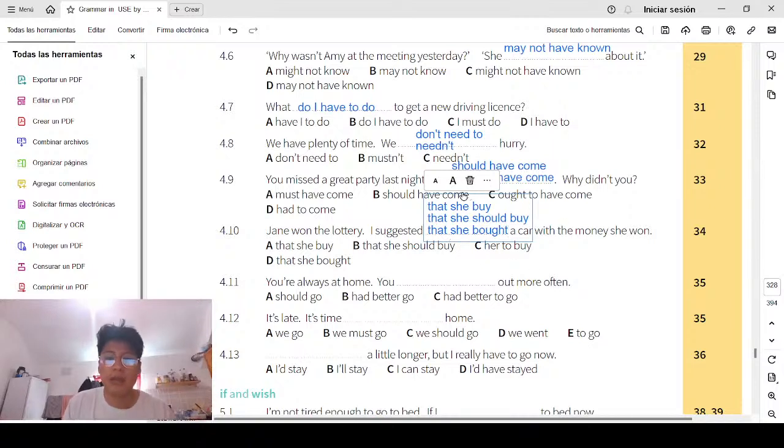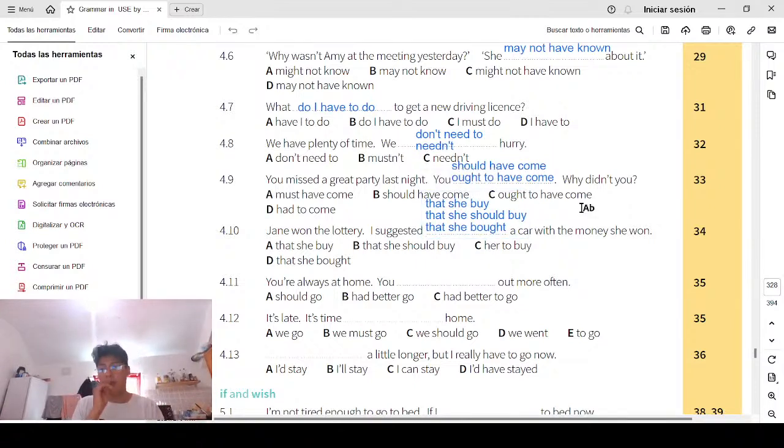Okay, so let's try to analyze this sentence. Suggested. Basically, there are some kinds of verbs that we have to use with "that." Jane won the lottery. I suggested that she buy, right?